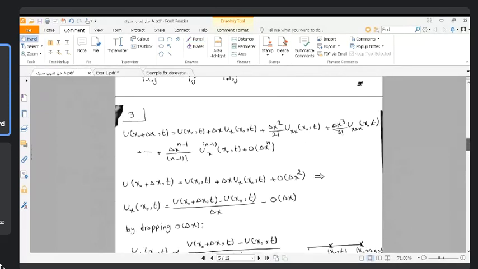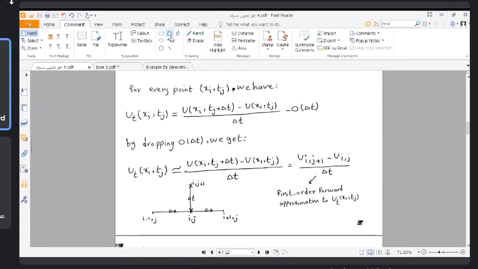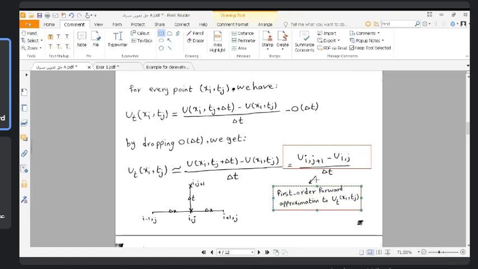This formula is the finite difference approximation for u with respect to t at x_i and t_j. FD is the abbreviation for finite difference, and this formula is one of the finite difference approximations, the first order forward finite difference approximation for u_t. Is it clear about FD?